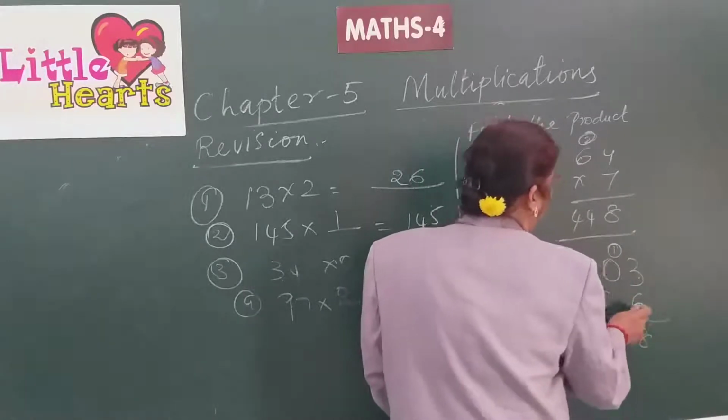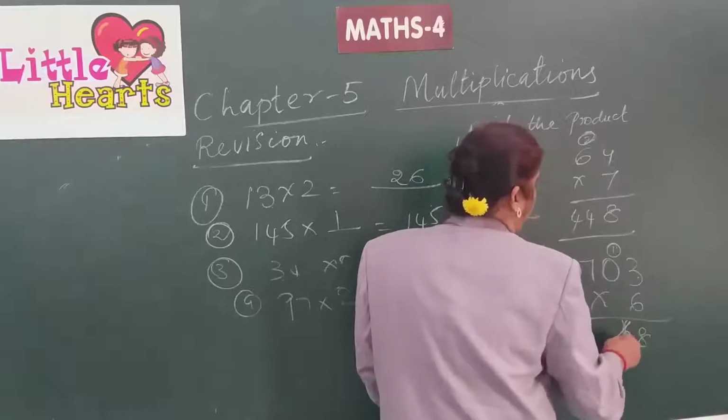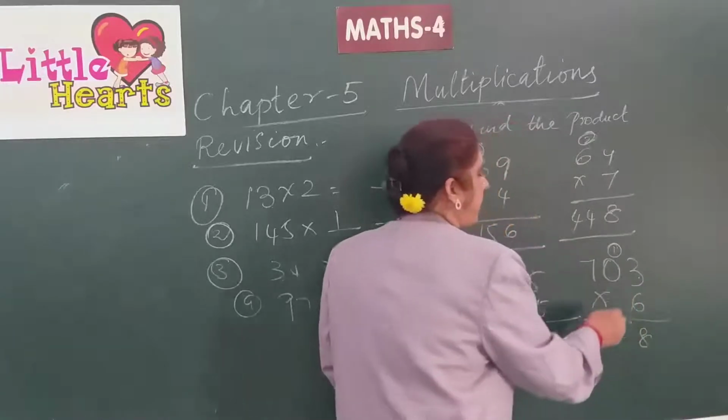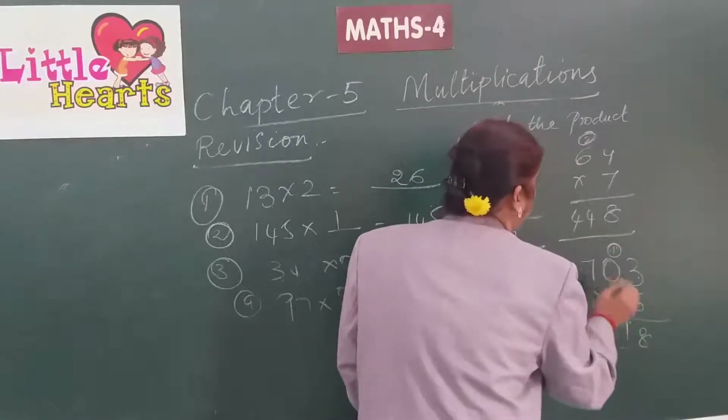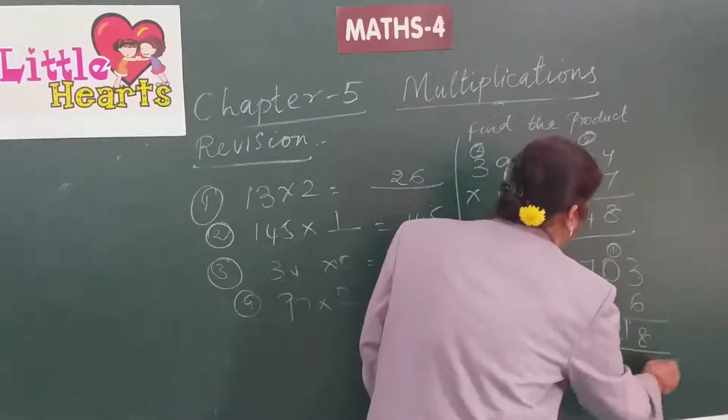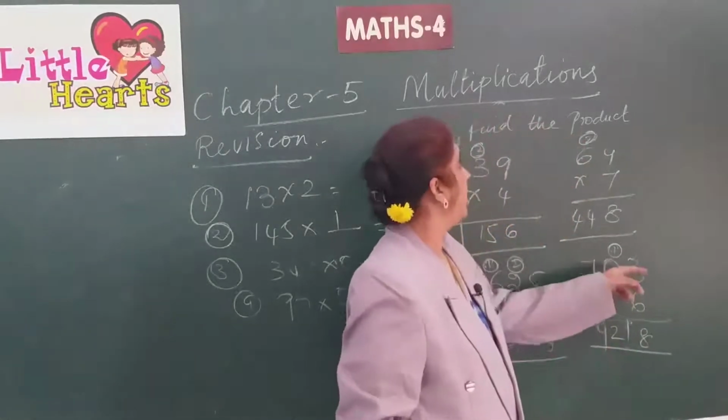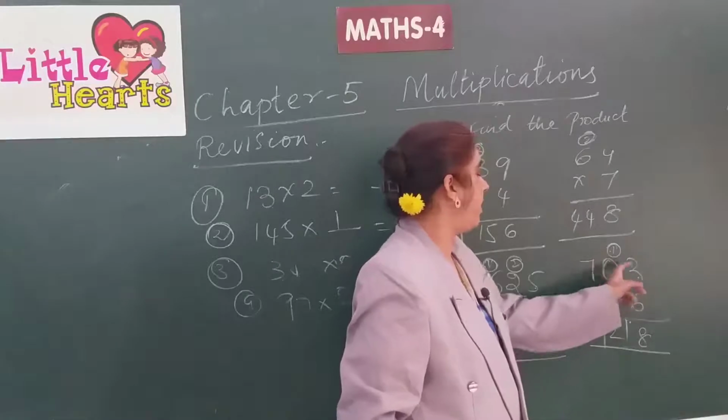Never write 6 ones are 6 here. It is wrong. 6 zeros are 0 plus 1, 1. 6 sevens are 42. 4218 is the product of 703 and 6.